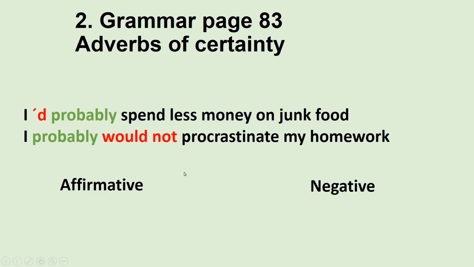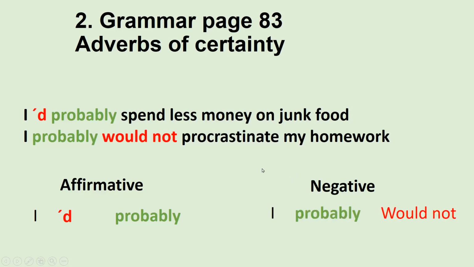If I say in affirmative, in this case I would, but the short version, I'd probably spend less money on junk food. But the negative sentence is I probably would not or wouldn't procrastinate my homework. There's a difference in the structure, so be careful with it.